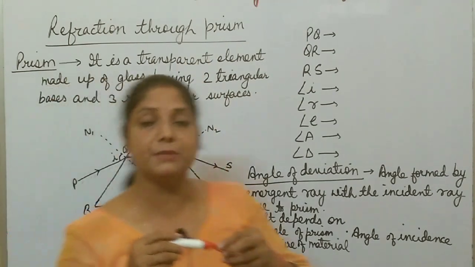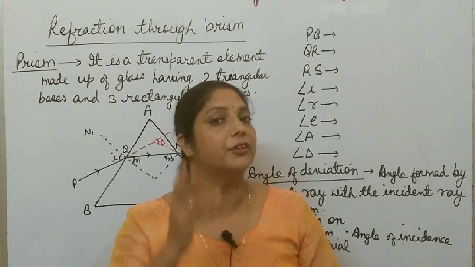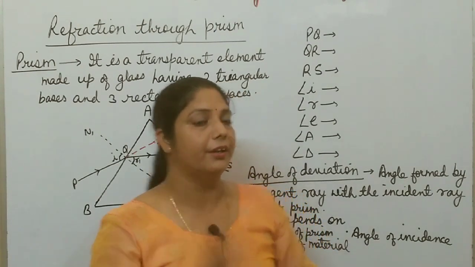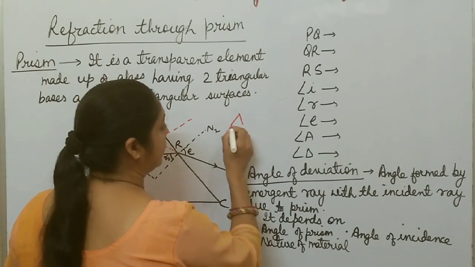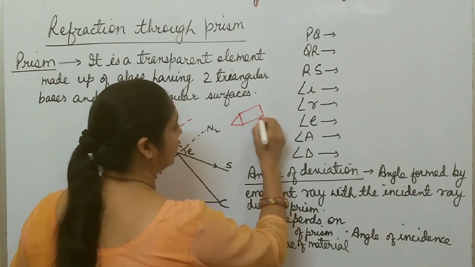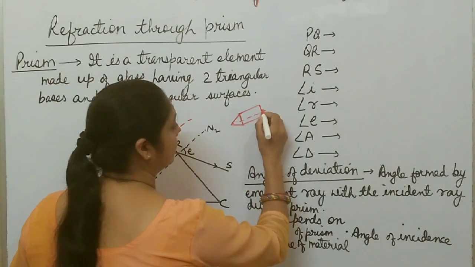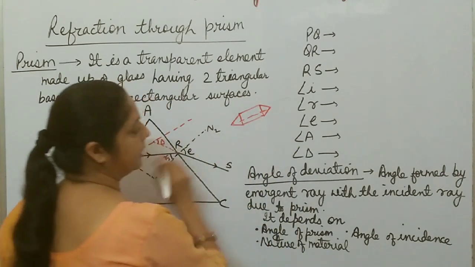What is prism? Prism is actually a transparent material made up of glass, having two triangular bases and three rectangular surfaces. There is one triangular base like this one, then a rectangular surface like this one, and then another triangular surface. So prism is something like this one.